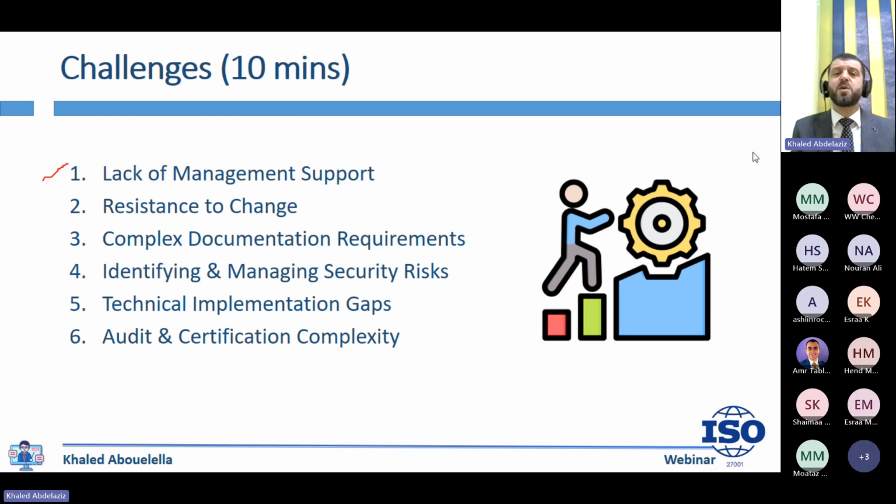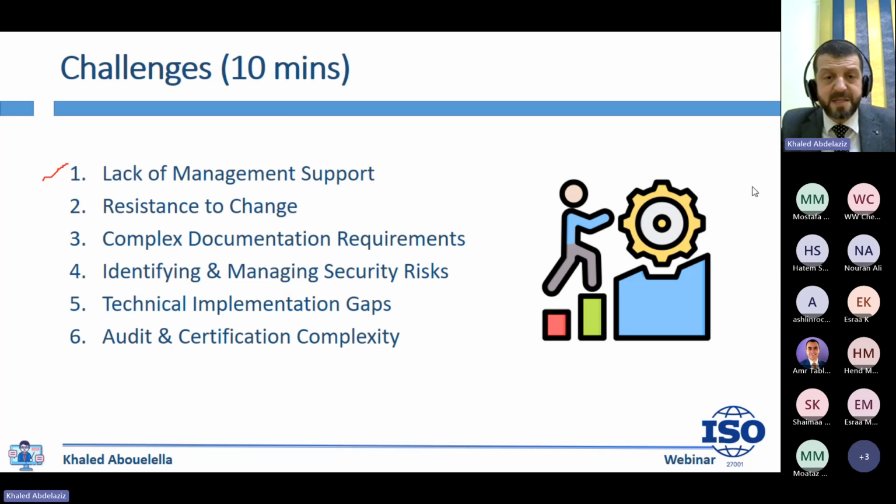Because sometimes senior management see ISO 27001 as something secondary. This is not a main priority. And they say this is costly, a costly compliance exercise rather than an investment in something which is a business enabler.